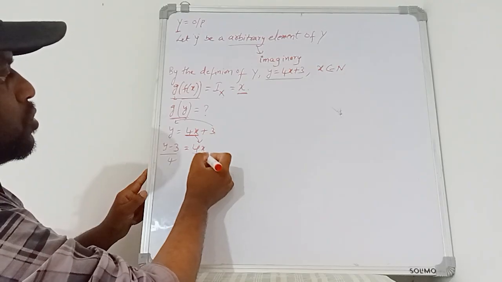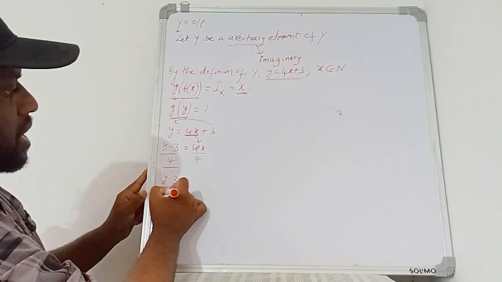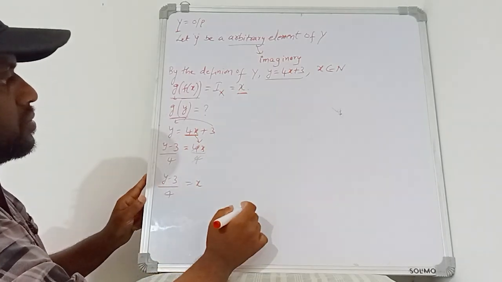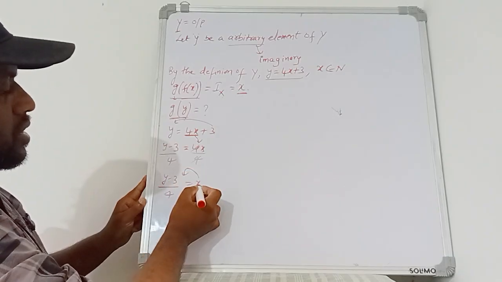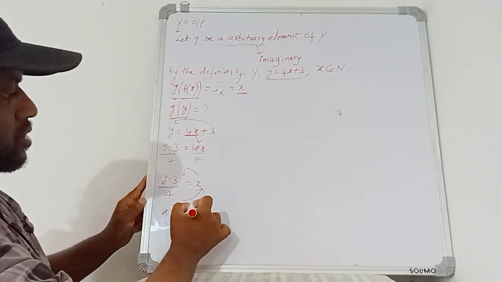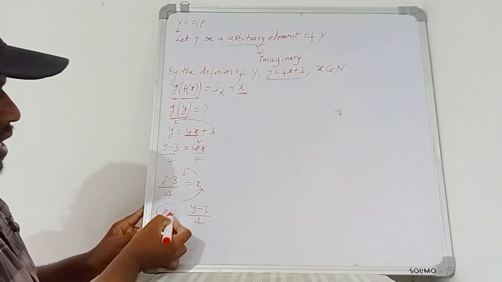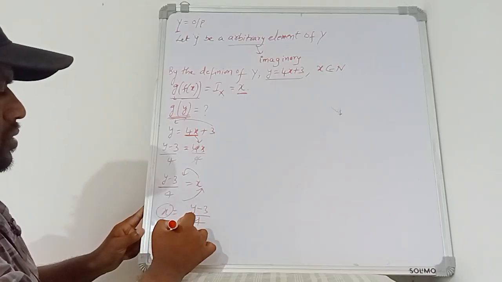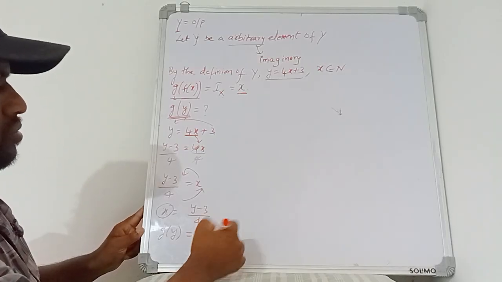This 4 cancels out, and we are left with y minus 3 by 4 equal to x. Just interchange the sides, so we can write x is equal to y minus 3 by 4. Now in place of x, we put g of y. G of y is equal to y minus 3 by 4.